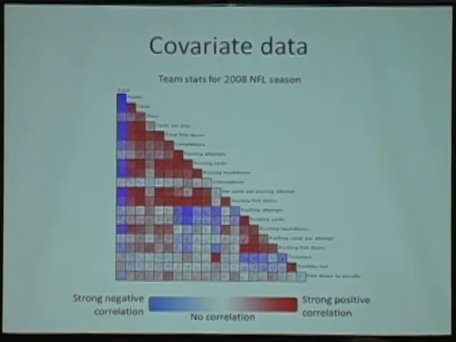You've got this triangular layout, and each cell's X and Y axes are the variables that intersect there. So this top left one is the team's rank and the number of points they've scored over the season. And I've done the correlation coefficients to figure out what the relationship was between those variables.